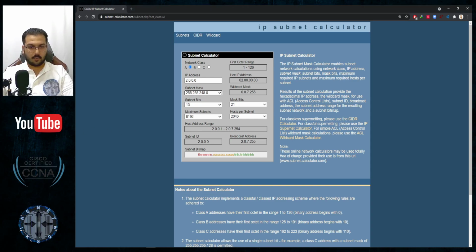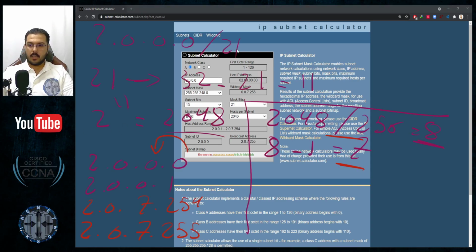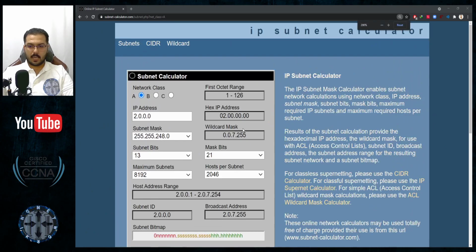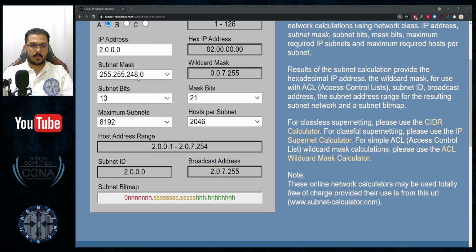Yes, it was in that way. I remember that. /21. So they say that this network, since it's /21, should start with 2.0.0.1 and should end with 2.0.7.255. The first valid is this one, the last valid is that one.